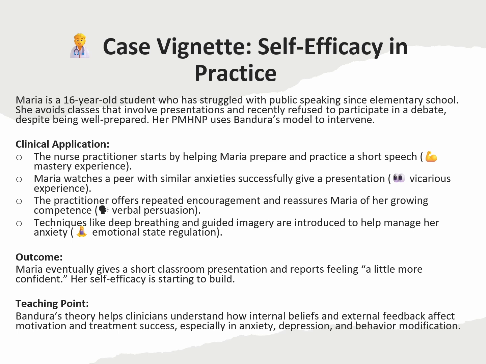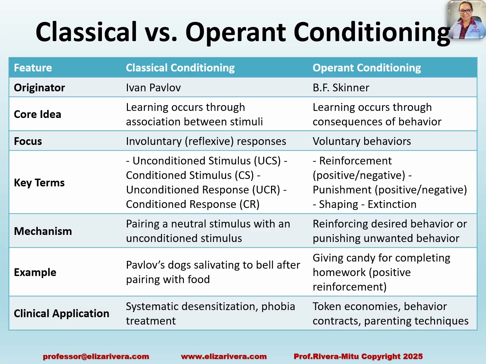and related conditions. Let's explore the two foundational theories of behavioral learning: classical conditioning and operant conditioning. Both play crucial roles in mental health interventions and behavior therapy. Classical conditioning, which was developed by Ivan Pavlov, who discovered that dogs could learn to salivate to a bell if it had been repeatedly paired with food.